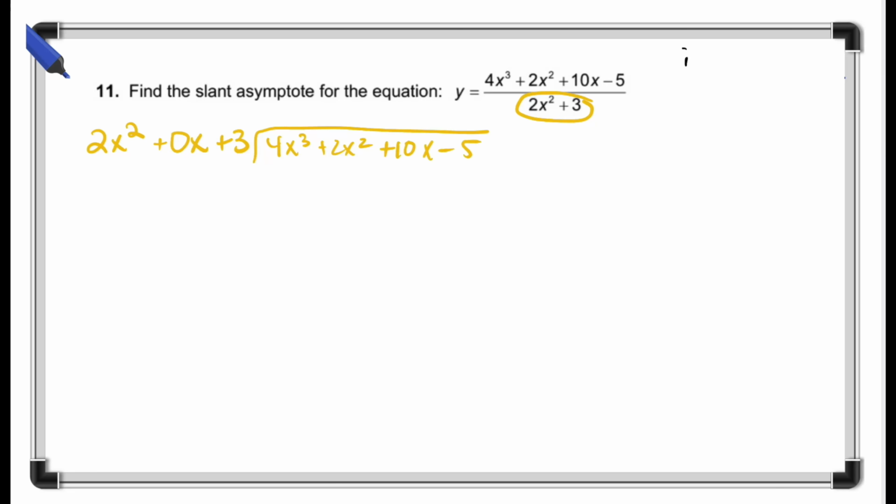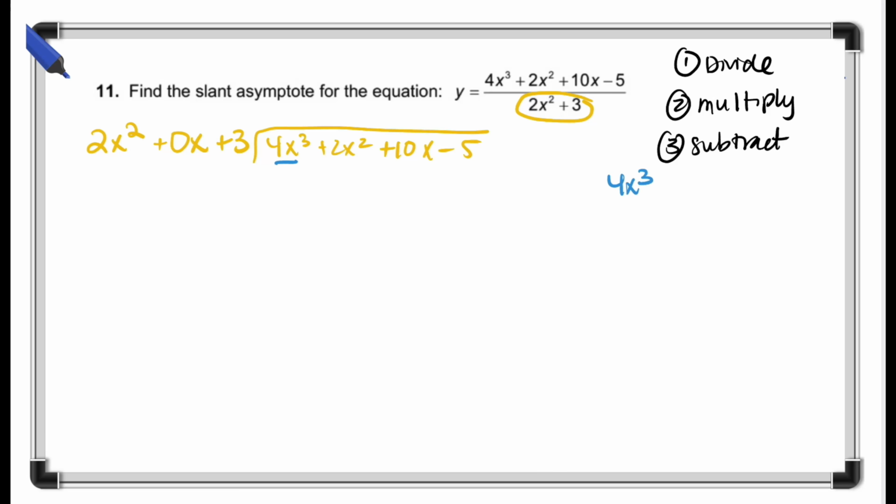Now, these are the steps that you want to make sure that you follow. You want to divide, you're going to multiply, and then you are going to subtract. So we're going to take the first term, 4x cubed divided by 2x squared, and that's going to get us 2x.